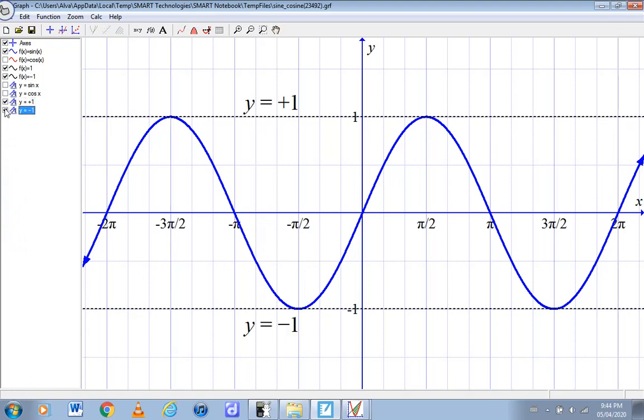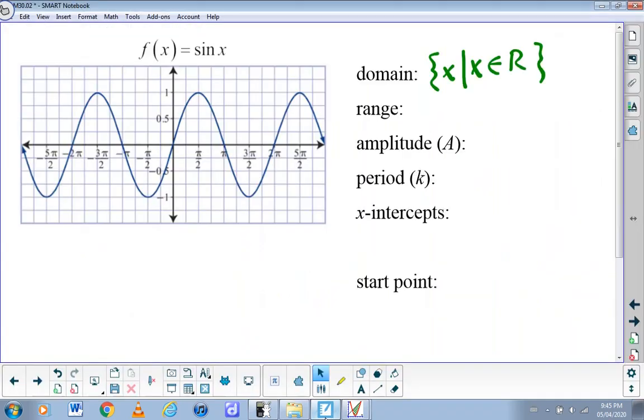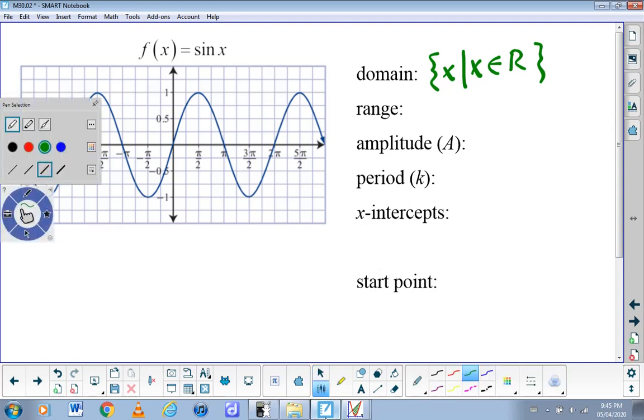That's pretty important to what's going on here. Although the graph extends forever horizontally, it's trapped between or on those two lines. And for that reason, we are going to say that the range is y such that -1 is less than or equal to y, which is less than or equal to 1.